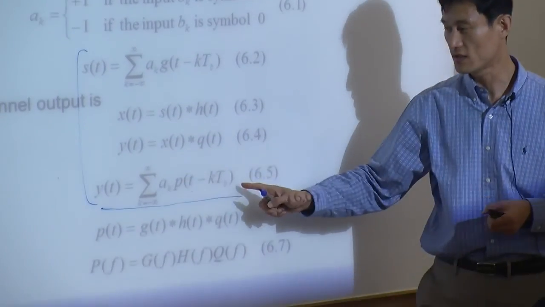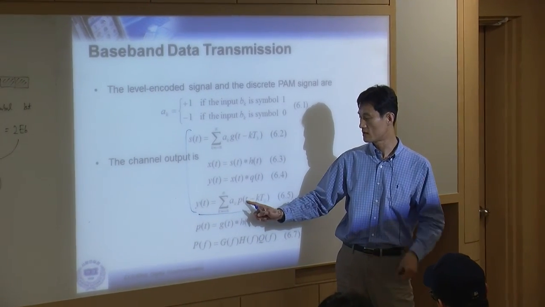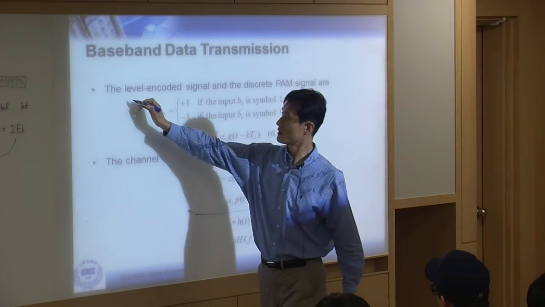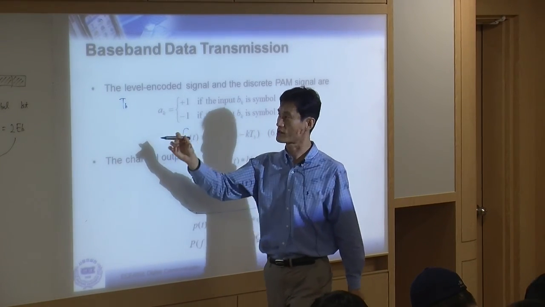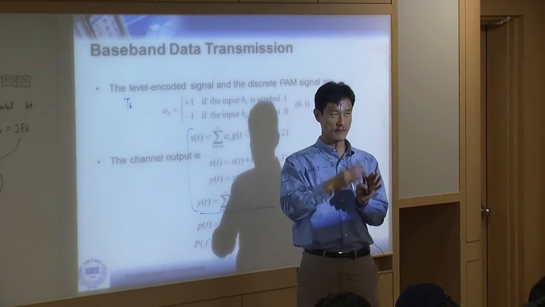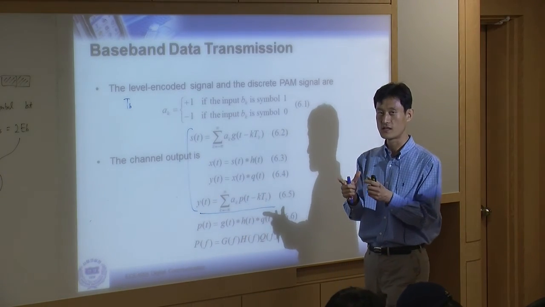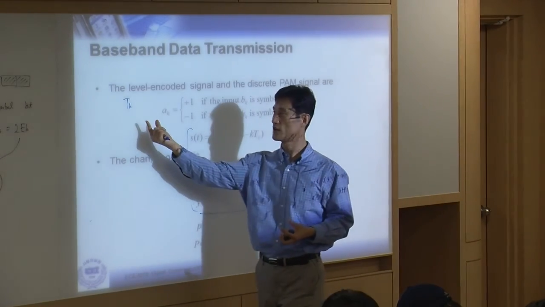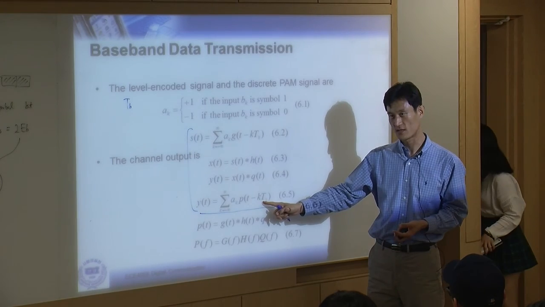This is a convolution equation, right? Especially when you have a discrete sample. What is the TB here? TB is a sample, the bit duration, which means that you already have done sampling, right? Based on the sampling frequency, now you have bits, and each bit has a duration TB. So that's why you've done sampling like here, right?